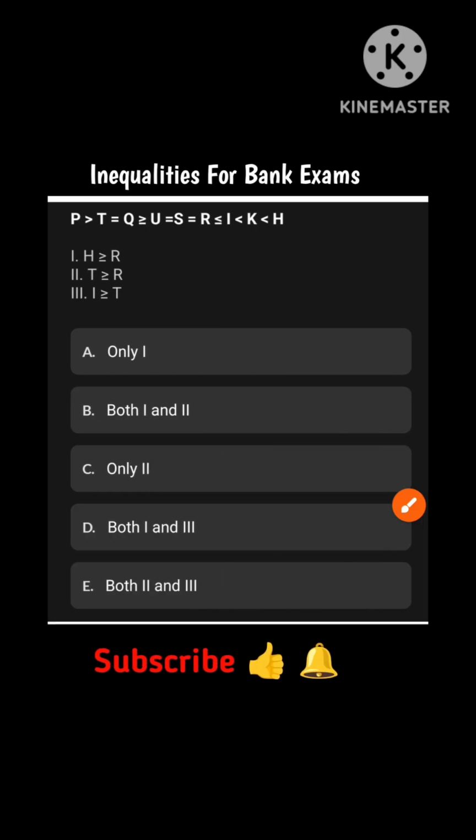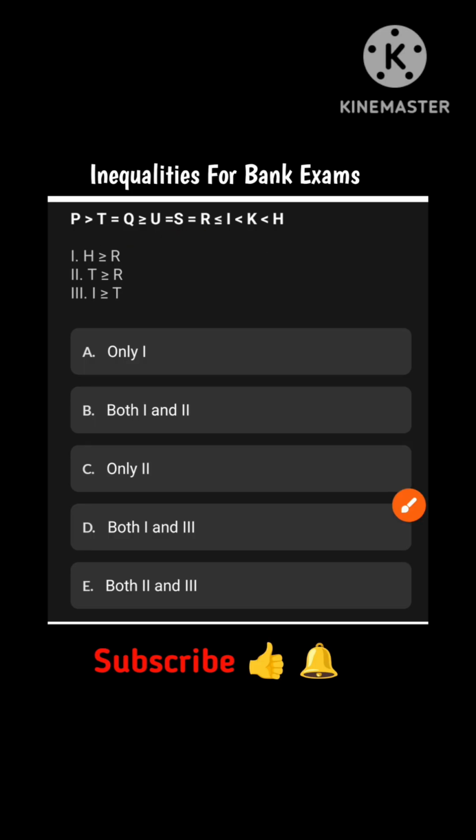Next, the flow from H to R with everywhere equals to. From H starting there is no equal to. So first conclusion will be false. The flow from T to R with everywhere equals to. From T we can flow up to R with everywhere equal to, it is possible.